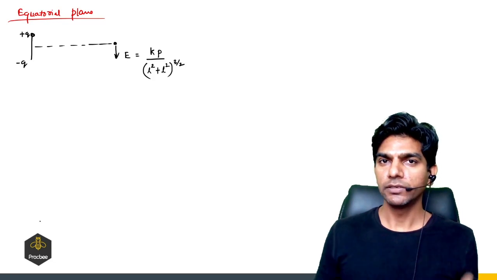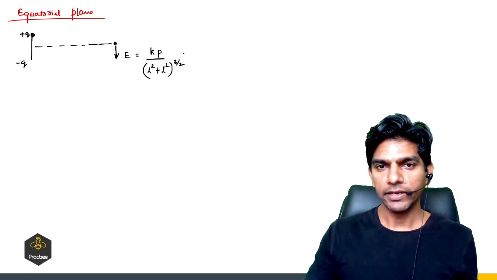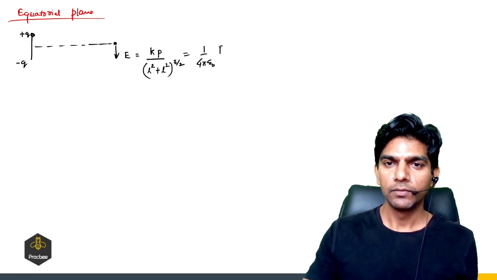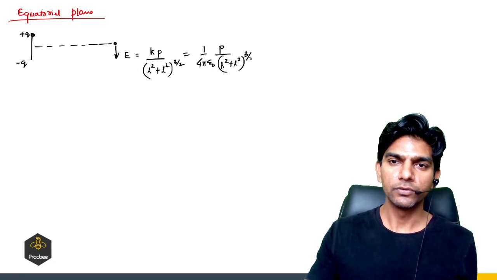So that is the general formula, and I can write this as 1 upon 4 pi epsilon naught, p upon r square plus L square raised to power 3 by 2.